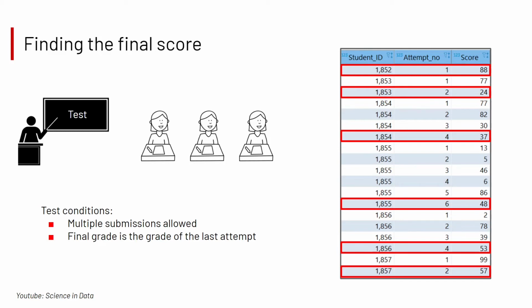And student 1854 made 4 attempts, and his final score will be 37. And for student 1855, his final score will be 48, because he made 6 attempts and only the last attempt counts.